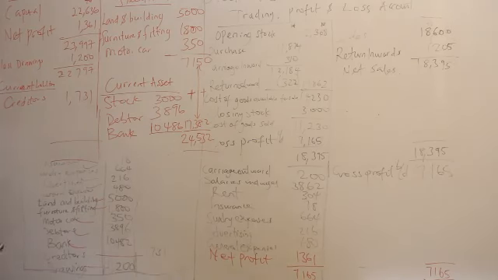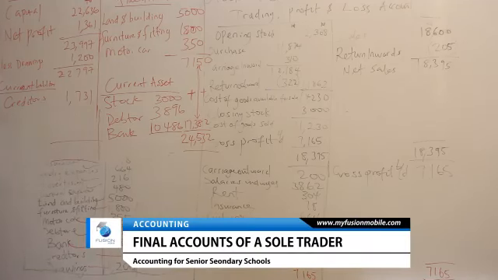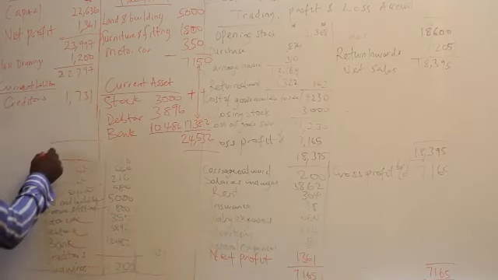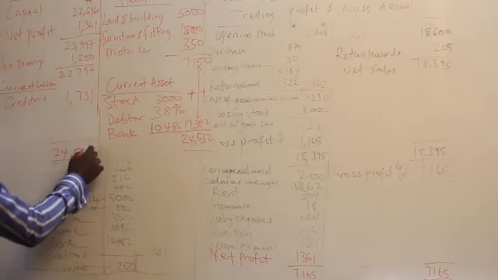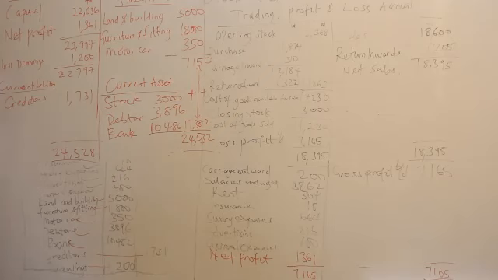Okay, we're going to add this 22,636 plus 1,361, minus 1,200, which is drawings within the period. That gave us 22,797 plus creditors 1,731. So now we have the addition of that, which gave us 24,528. Wow, we don't have a balance, so there's an error somewhere.